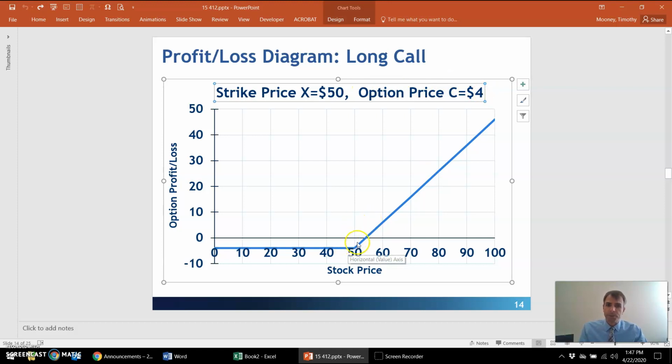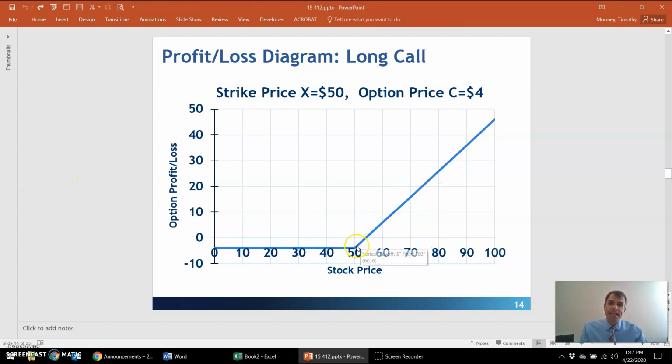If the stock price goes above 54, then this is a profitable option. And then if the stock price is less than the strike price, we lose $4 because we just wouldn't exercise the option and we're out the price of the option when it expires.